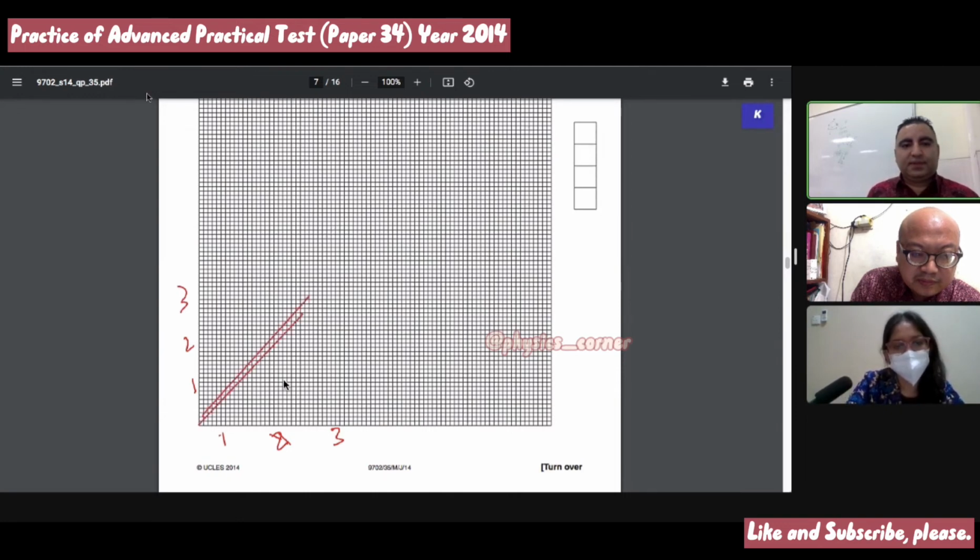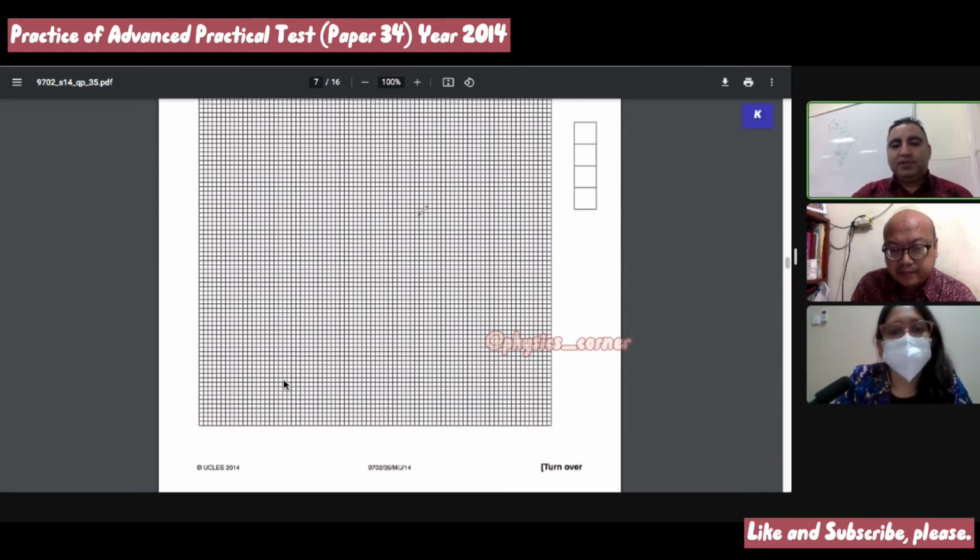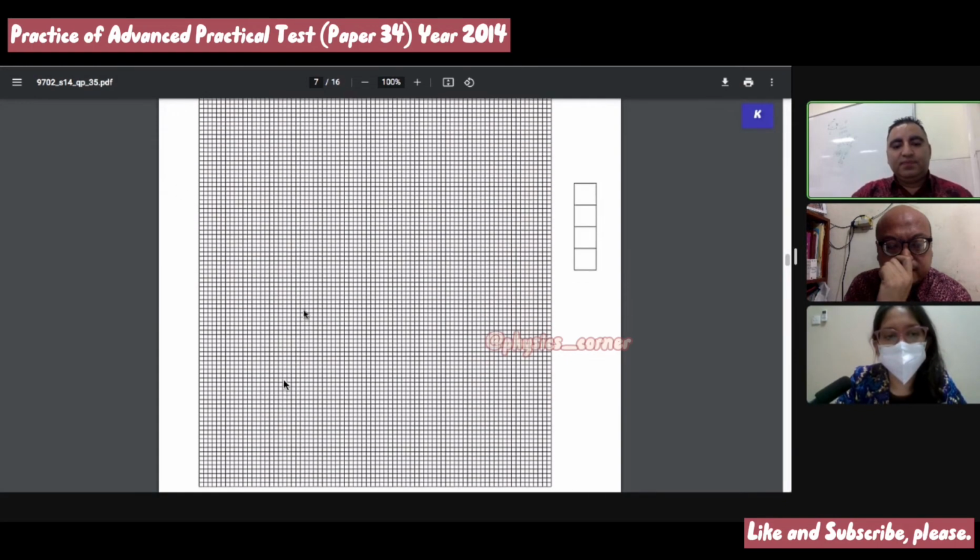In this case, they will not get points because they are not covering the full graph. They have to make sure the graph page is fully used, or at least more than half is used. If you are drawing the line of best fit, in this case, it must go from here.